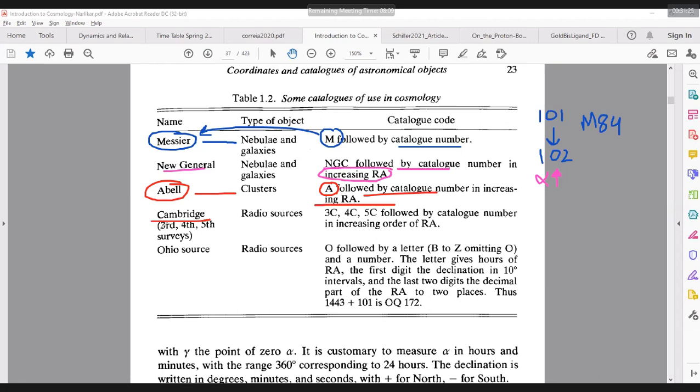Cambridge, third, fourth, fifth survey is used for radio sources, 3C, 4C, 5C, and also Ohio for radio sources, with another letter given along with the declination and also the right ascension.